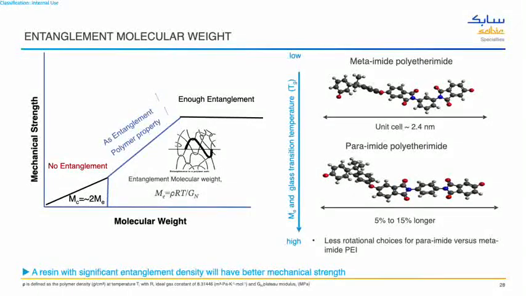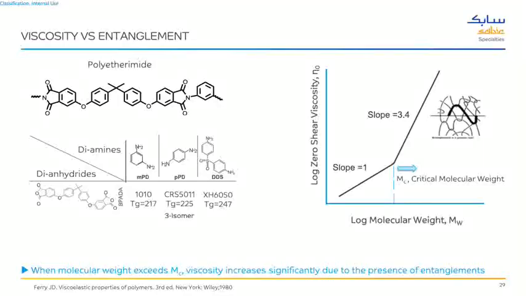Again, the same on the entanglement. As I told you earlier, the molecular weight plays a vital role, and when you make a polyetherimide with a different backbone, like I said, meta to para-diamine, this backbone conformation can have a significant effect on the entanglement density. For example, if I make it with a para-based material, the chemical resistance is better compared to the meta-based material.